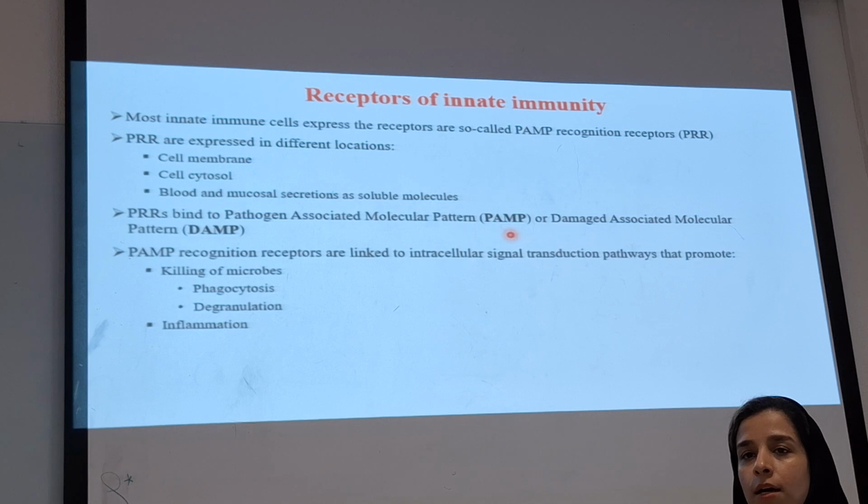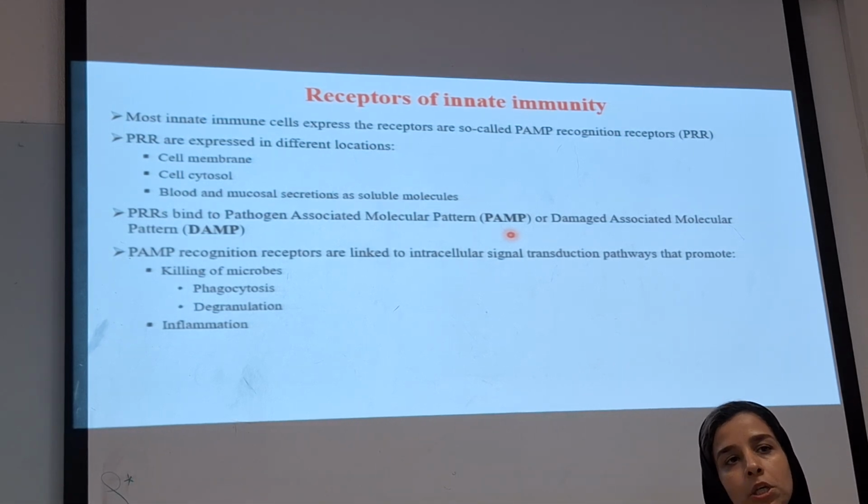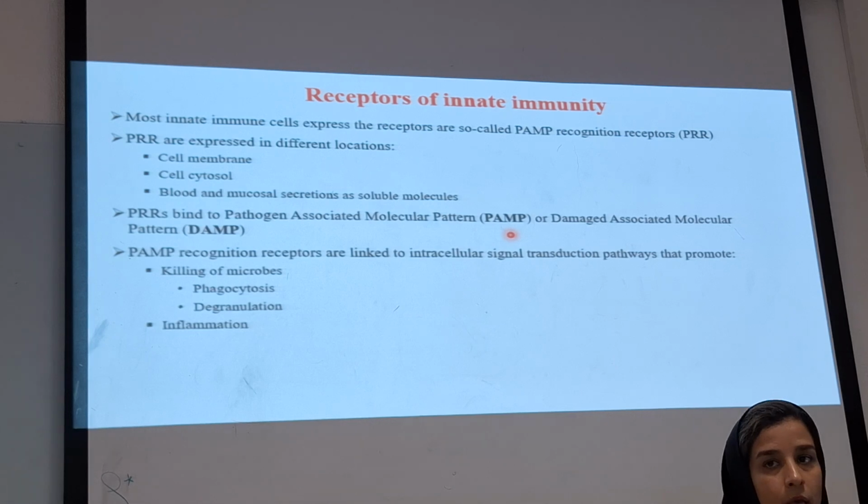For example, ATP can be a DAMP, and NaCl can be a DAMP, whenever these structures are produced in huge amounts in our body.